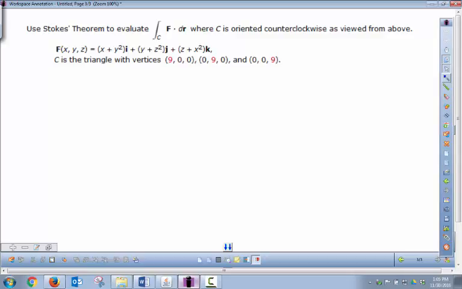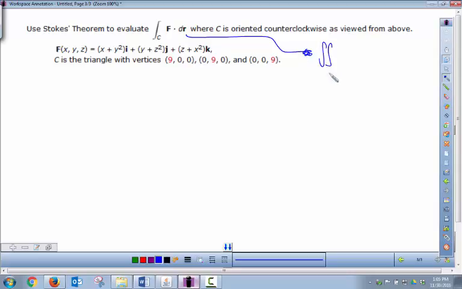So if we're supposed to use Stokes Theorem for this problem, what we need to do is take a look at this and say, okay, instead of doing a line integral, I'm going to do a flux integral over S. Now S is going to be the surface. Where is the surface? Well, let's think about that in a few minutes.